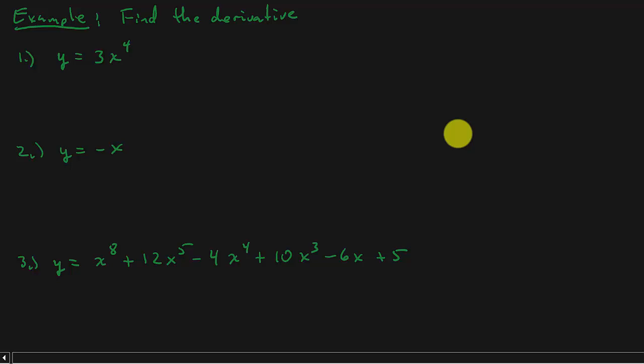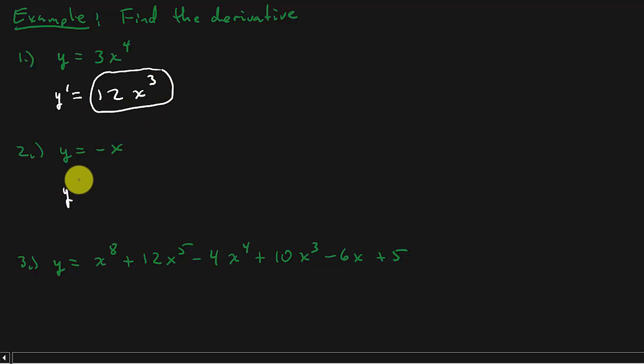This time we have a number in front, but that's no big deal. So y prime is equal to, the 4 comes down, just like always. What's 4 times 3? That's 12. Subtract 1 from the exponent. There's your derivative.